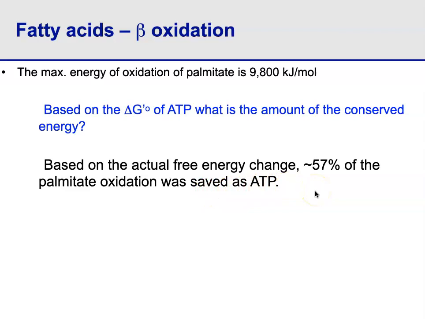How much was for glycolysis? About 60. So you can see, whether we degrade fat or whether we degrade glucose, roughly 60%, give or take a few percent, is invested into ATP synthesis. The rest is released as heat.